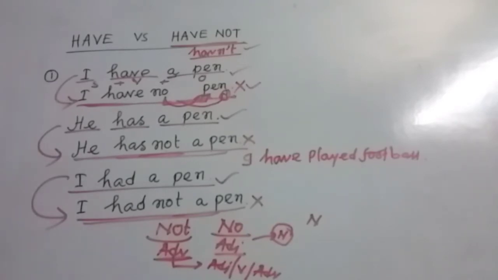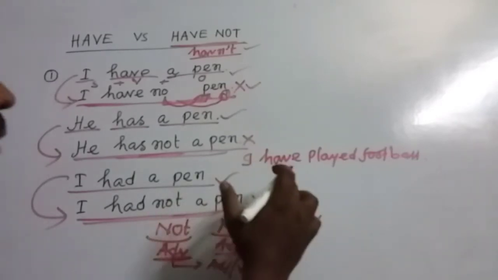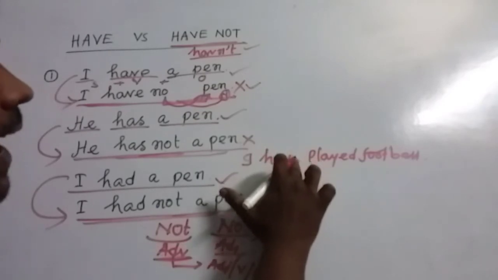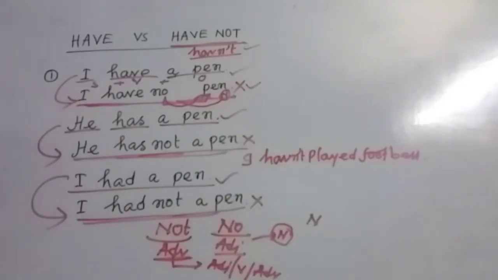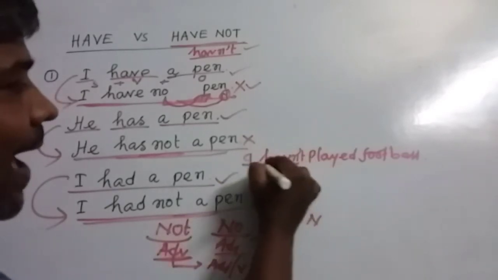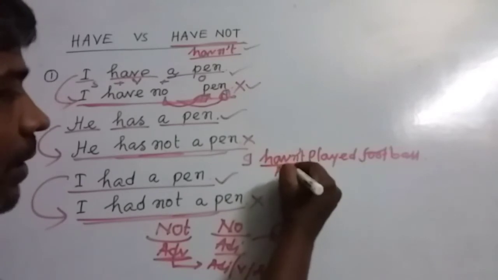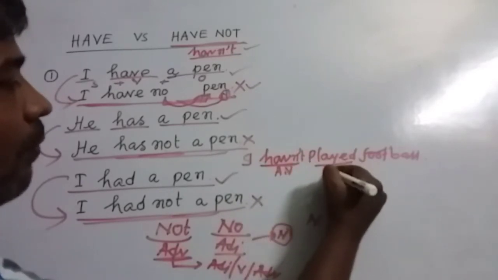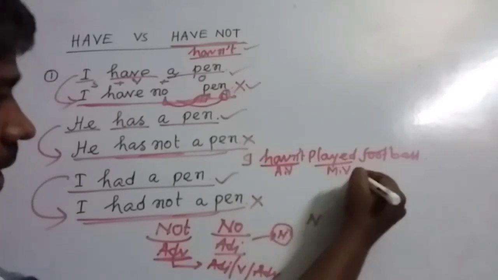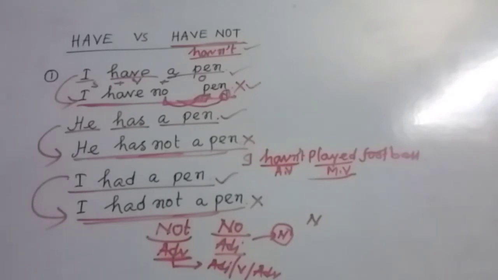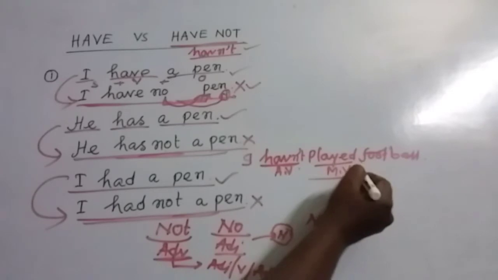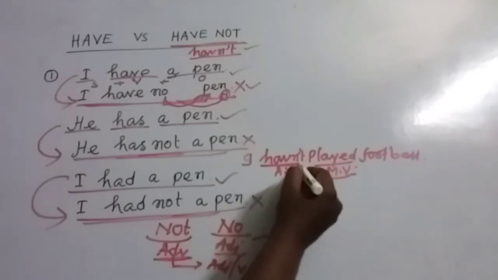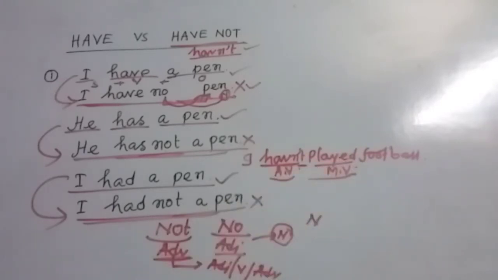My dear friends, if we try to make it negative, we can write I haven't or have not. At that time there is no such problem, because this term have is an auxiliary verb here and this is the principal verb or the main verb in the sentence. Actually, my dear friends, we cannot use the term not with the principal verb. All the time we have to use this term not with the auxiliary verb.